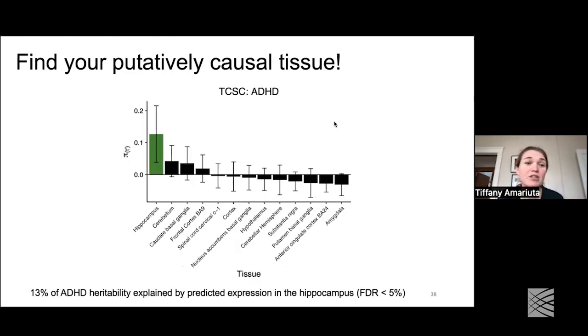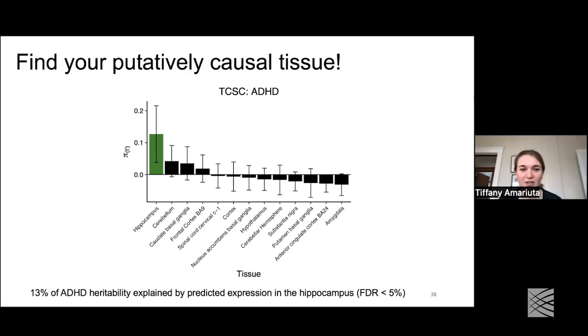So here's an example. If you are to follow all the steps on the GitHub, hopefully you're able to produce a plot like this. So for example, this is using ADHD GWAS summary statistics, and this is just an example from the brain-specific analysis, which plots a little bit nicer because there's fewer tissues. So here it's a nice example because TCSC is indeed implicating a single tissue, the hippocampus.